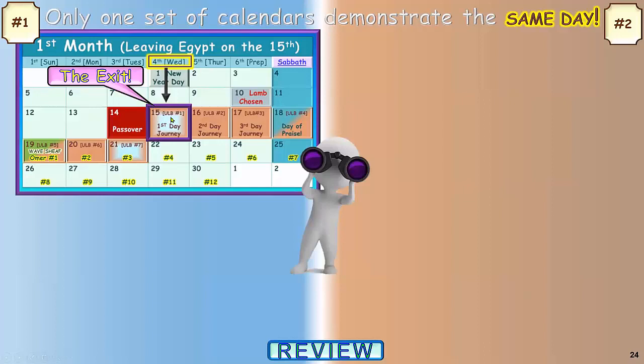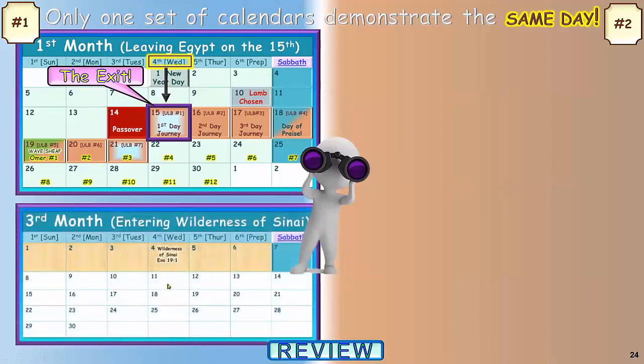This is their exit, but please note it's the fourth cycle of the week. And we go down to the third month when they're going to be entering the wilderness of Sinai. Again, they entered on the fourth cycle of the week, the same day, not date.